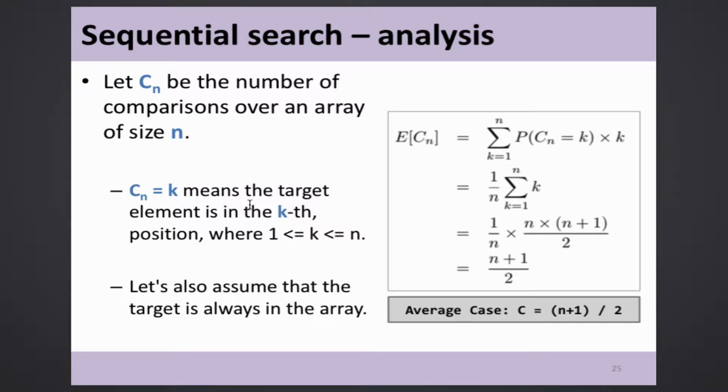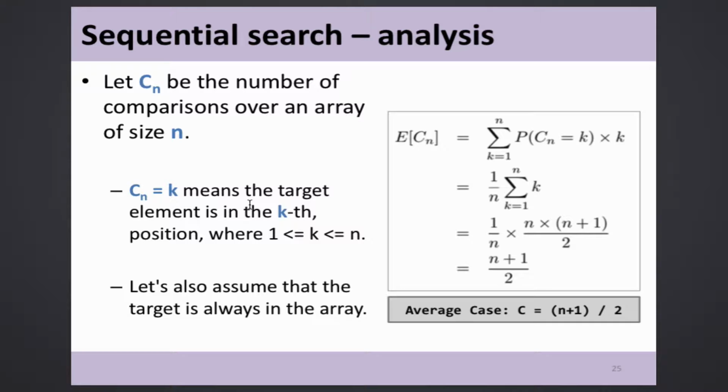Do you still remember how to calculate expectation? Expectation is the summation of the probability of the events to happen times the value. So when Cn equal to k, I know that the number of comparisons is just k. If Cn equal to 1, the number of comparisons is equal to 1. But the probability of Cn equal to k or Cn equal to 1, they are all equal.